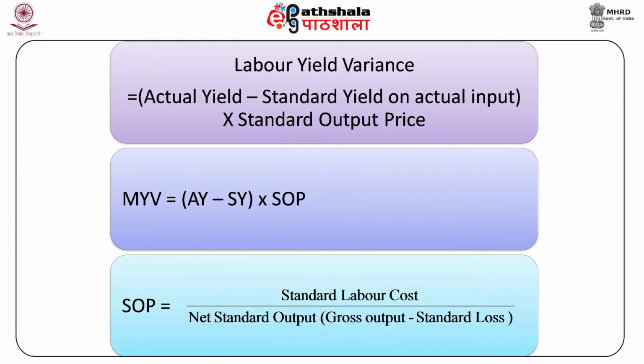Labor yield variance is equal to actual yield minus standard yield on actual output into standard output price.